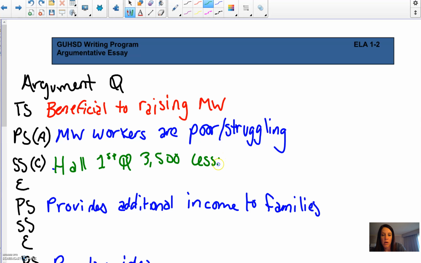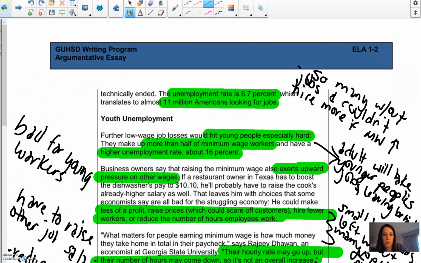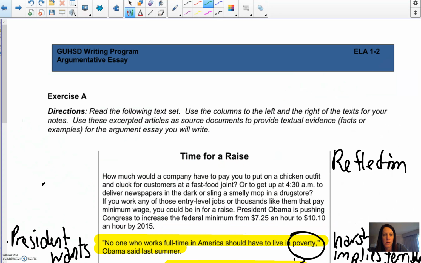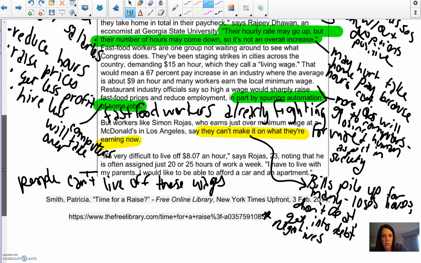Another article that I might grab information from is the Smith article, and that's the one again where the guy can't afford it. That was the first article, and it talked about the guy not being able to live on his own, having to live with his parents. It was the second page, down here, this Rojas, that he couldn't live on his own.